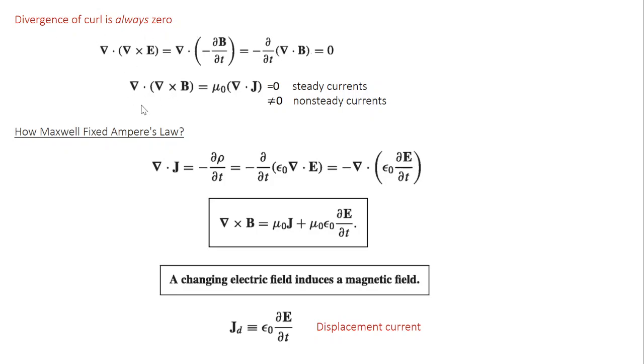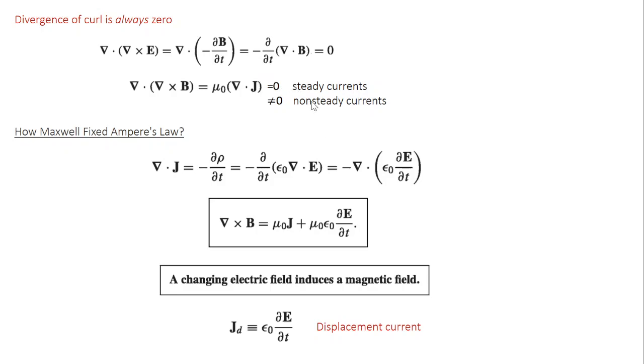Now let's apply the same divergence to the magnetic field. Divergence of curl of B. Curl of B equals mu naught J, so this is divergence of mu naught J. Mu naught is a constant, so you can take it outside and write this as mu naught times divergence of J. Now for steady current, divergence of J equals 0, no problem here.